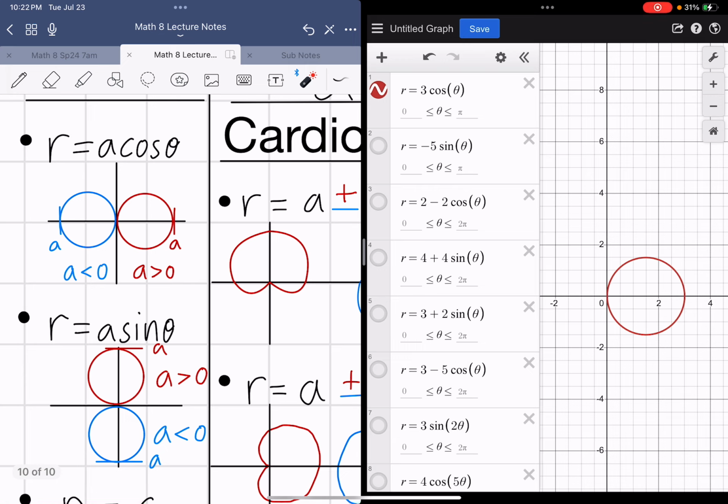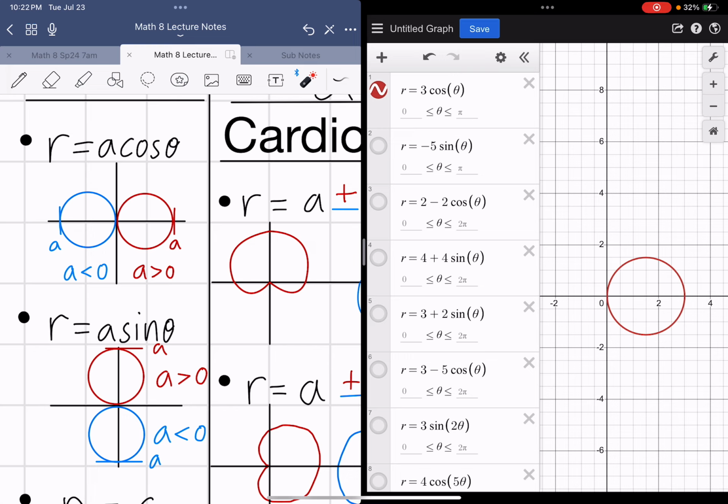And also r equals a sine theta is another example. Now the only thing that varies between sine and cosine is you have the circle whose diameter is right on the x-axis, versus sine has its diameter on the y-axis.